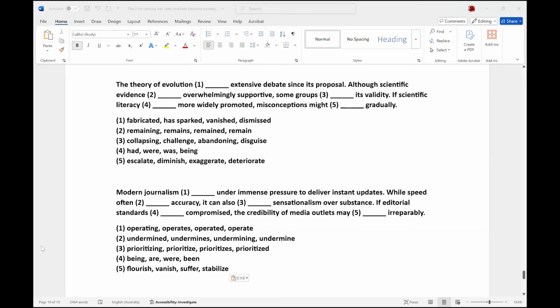Because we use "standards are compromised", if the standards are now compromised, it will happen in the future. If we say "standards were compromised" and these outlets may suffer now. No, there is no such rule.